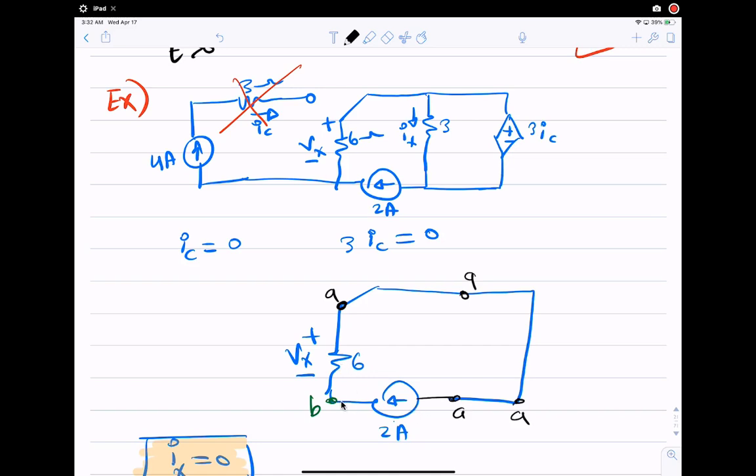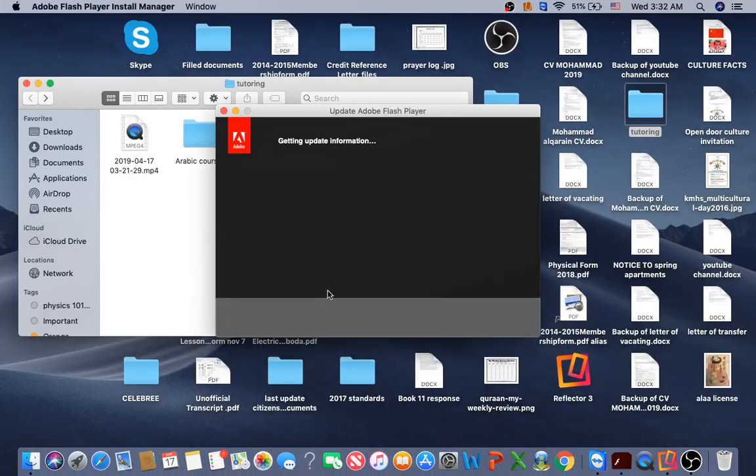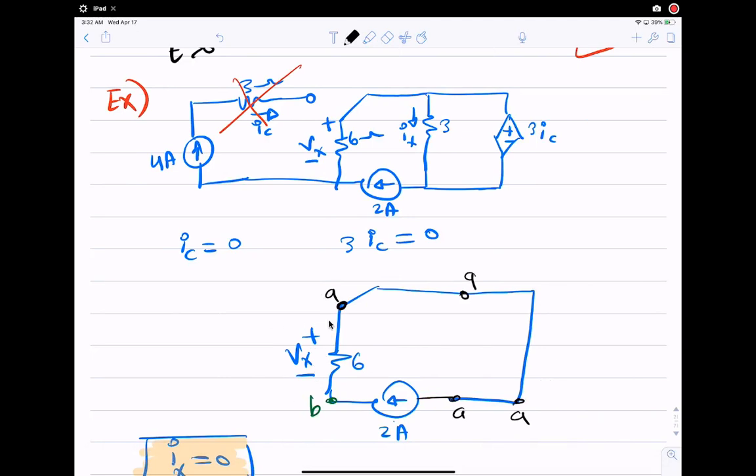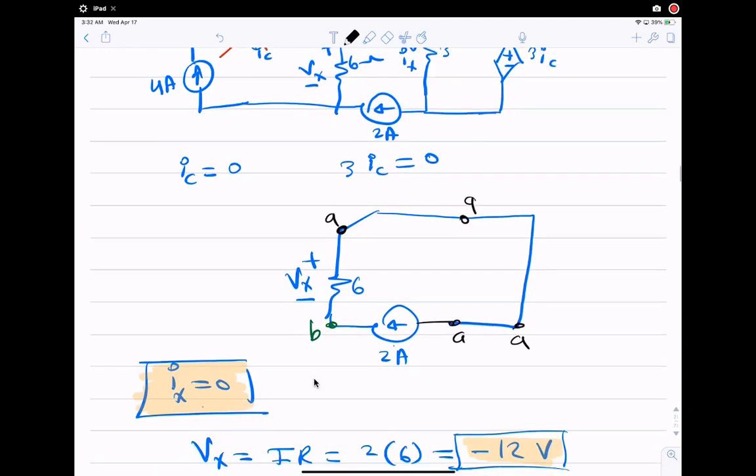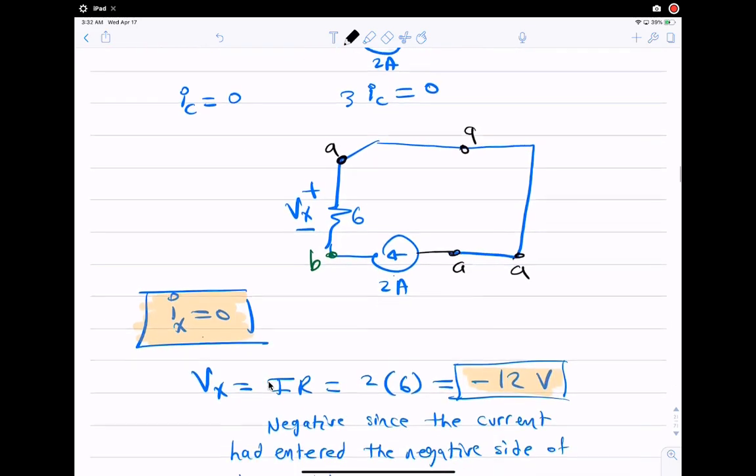Absorbing power moves from a high to a low potential. In this case, since he gave us the Vx positive up and negative down, that means it's in a wrong direction or wrong polarity. So I'm going to call it negative 12 volt, and this is our answer to this question. And we said the negative sign is because the current entered the negative side of the resistor, and that is wrong.